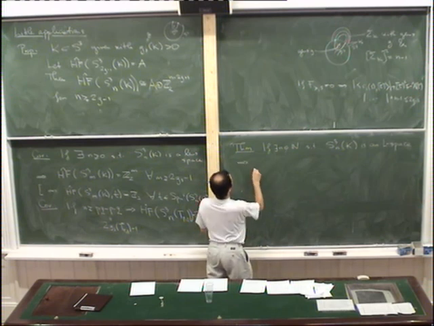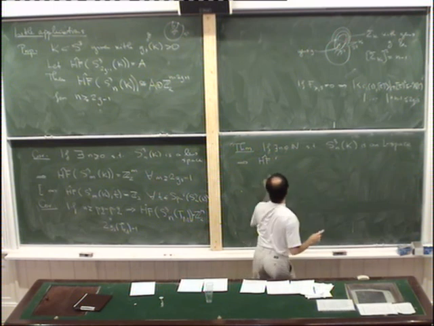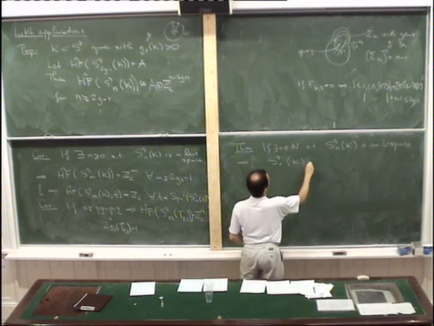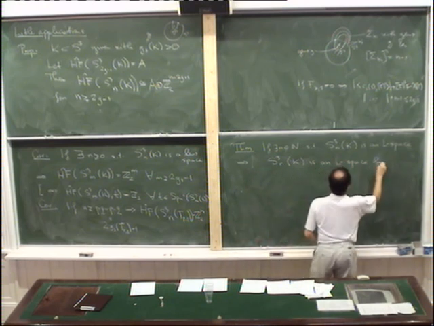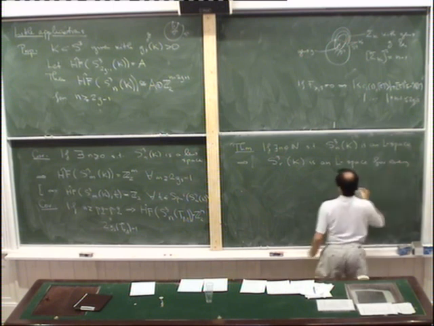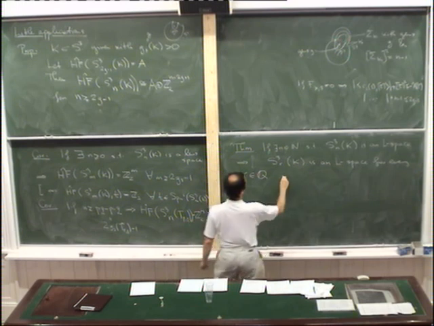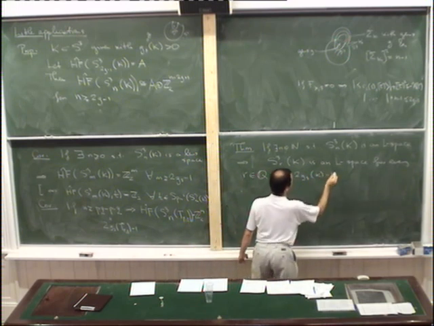Then HF, then S^3_r(K) is an L-space for every r, which is now supposed to be a rational number and bigger than 2g minus 1.